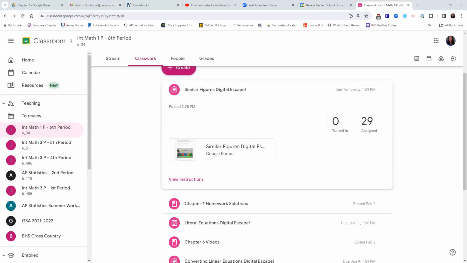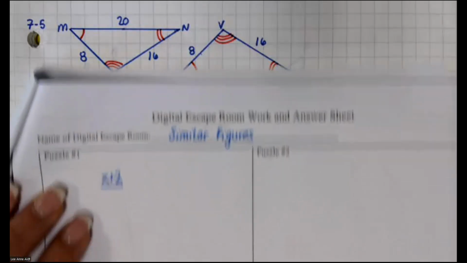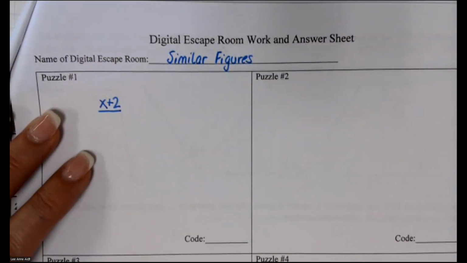All right, here's the first one. Now this one is labeled in such a way that we do not need to draw them separately. Do you see the height of the little triangle? What's the height of the little triangle? X plus 2. So on my paper, I wrote X plus 2 over.